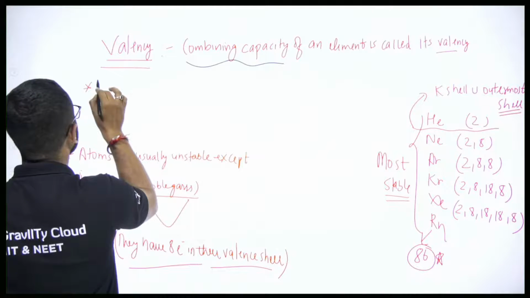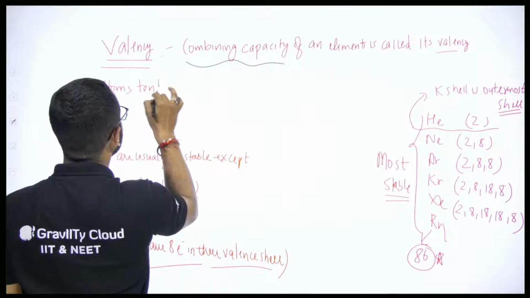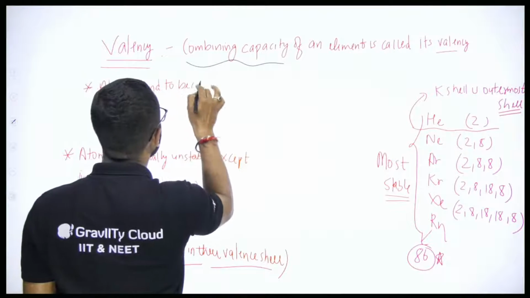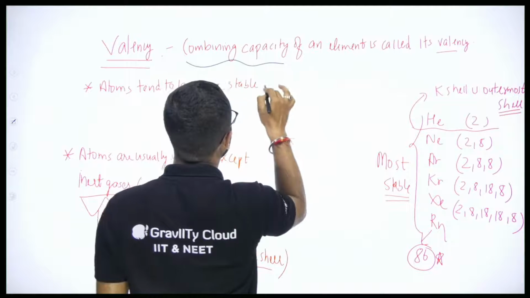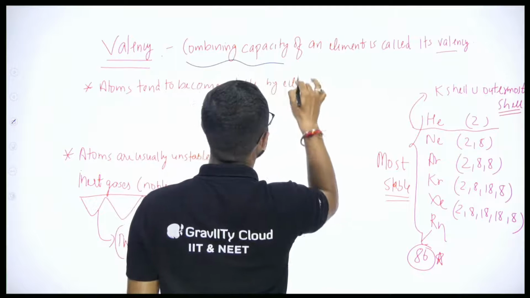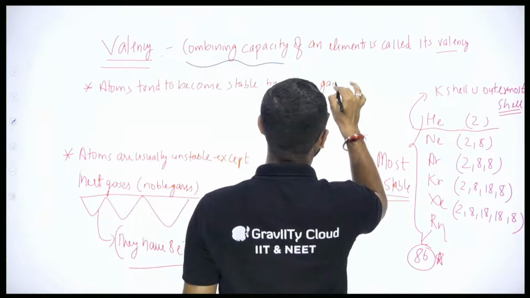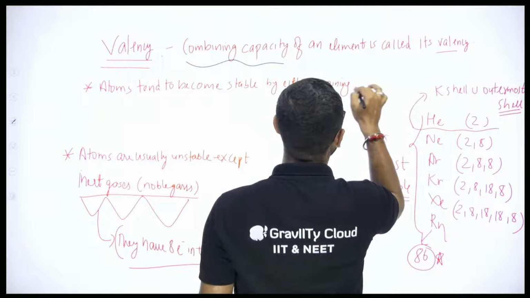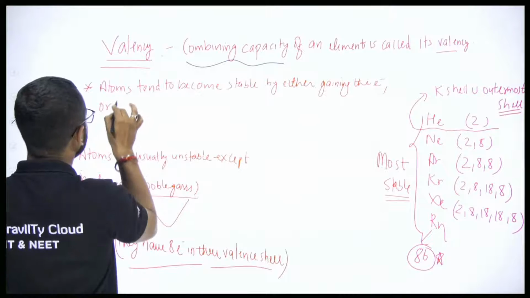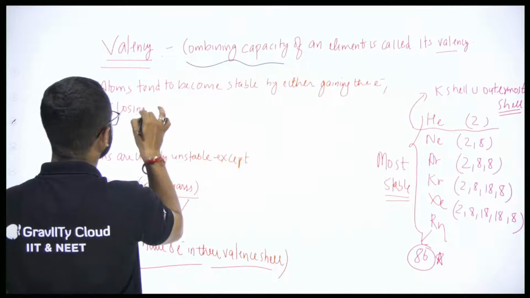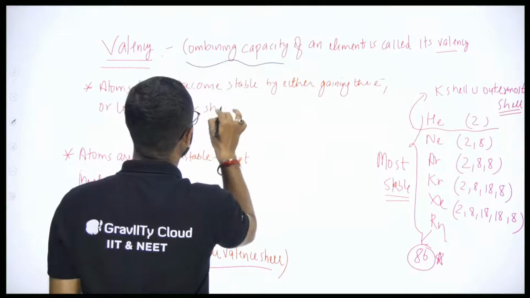Atoms tend to become stable by either gaining the electron, or losing the electron, or sharing the electron.